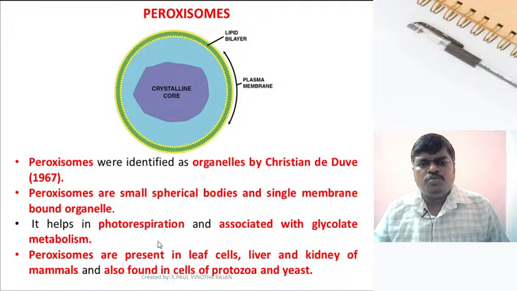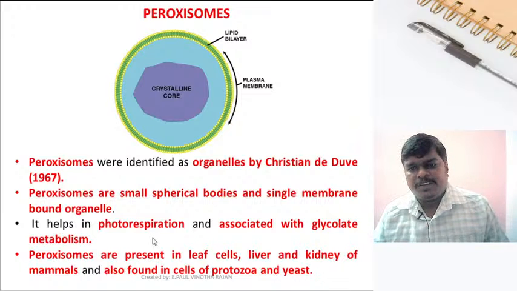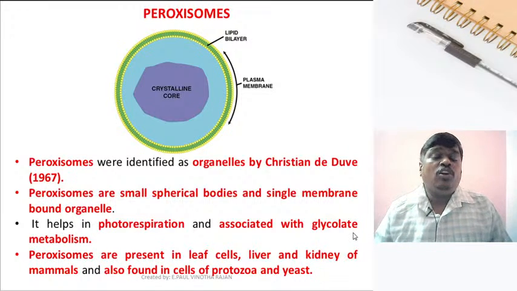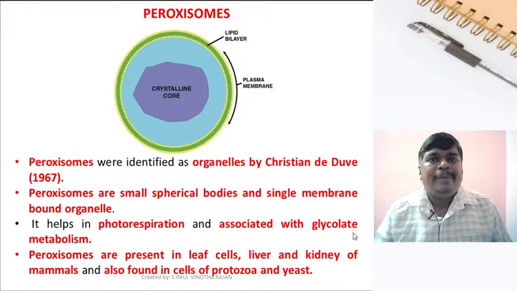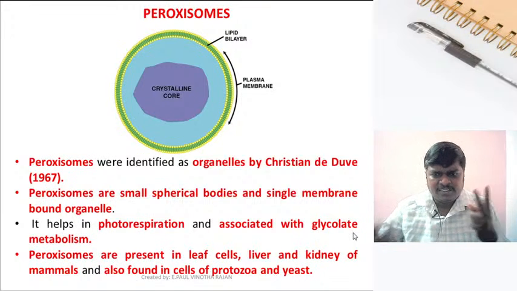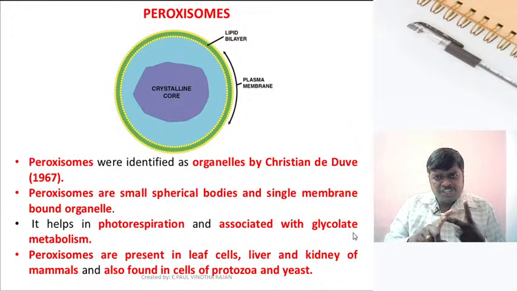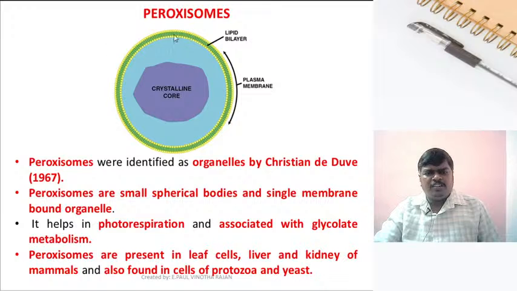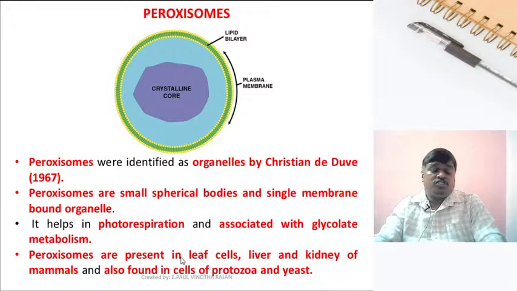These peroxisomes are involved in photorespiration, and also glycolate metabolism occurs in peroxisomes. Two functions: one is photorespiration and the other is glycolate metabolism. Peroxisomes are present in leaf cells, in the liver and kidney of mammals, and also can be seen in protozoans and yeast. That is about the peroxisome.